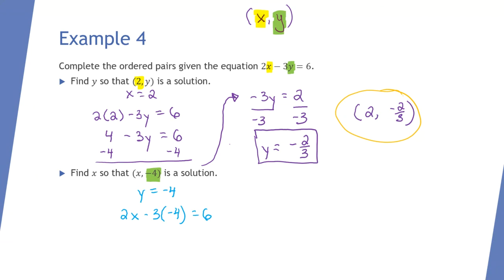So I have 2x minus 3 times -4. So I need to multiply. You can think of that as a -3. So a negative times a negative is a positive. So I'm going to get 2x plus, and then 3 times 4 is 12. So I'm going to get plus 12.